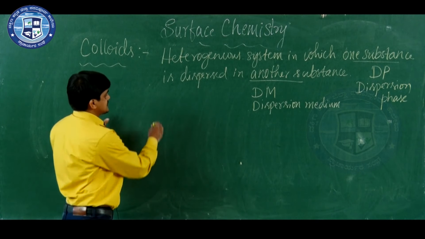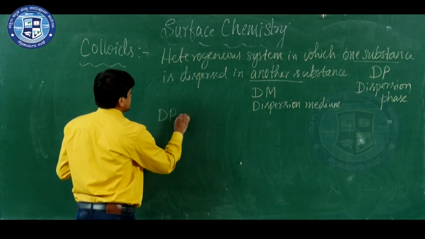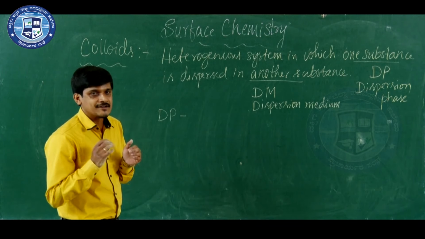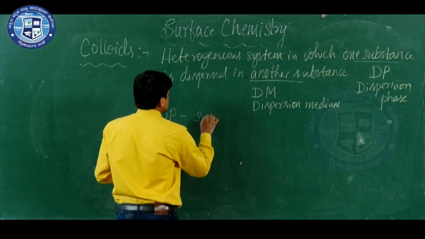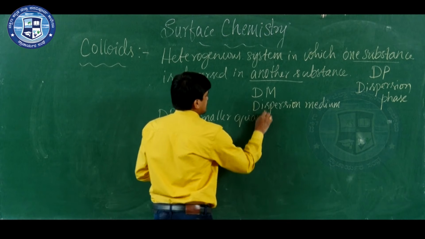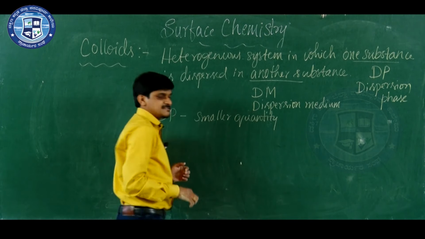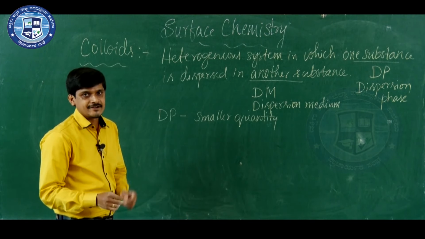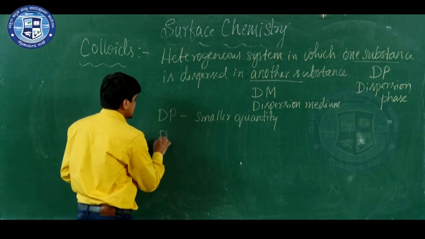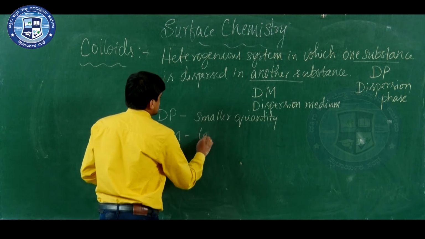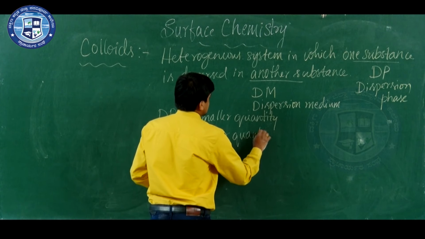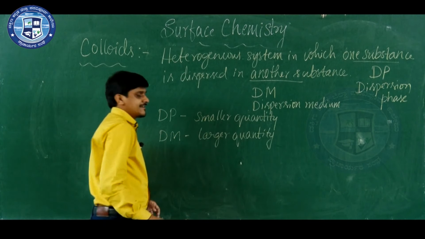Dispersion phase, DP, means the substance which is present in smaller quantity, and the substance present in larger quantity is called dispersion medium.